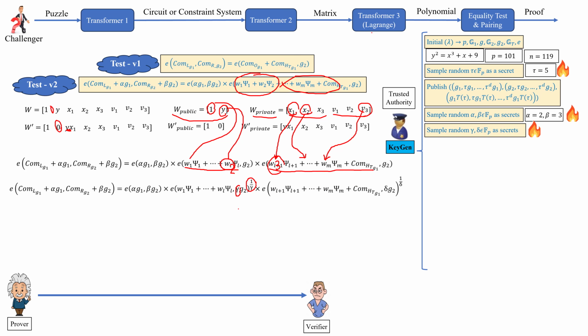Based on the property of pairing, we can add these two values because you can bring 1 over gamma here and multiply by gamma, and gamma multiplied by 1 over gamma equals 1, so they cancel.